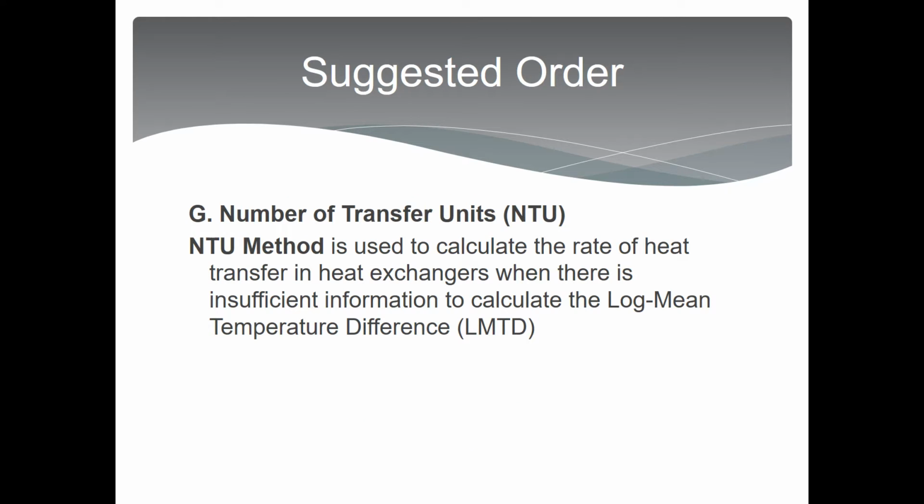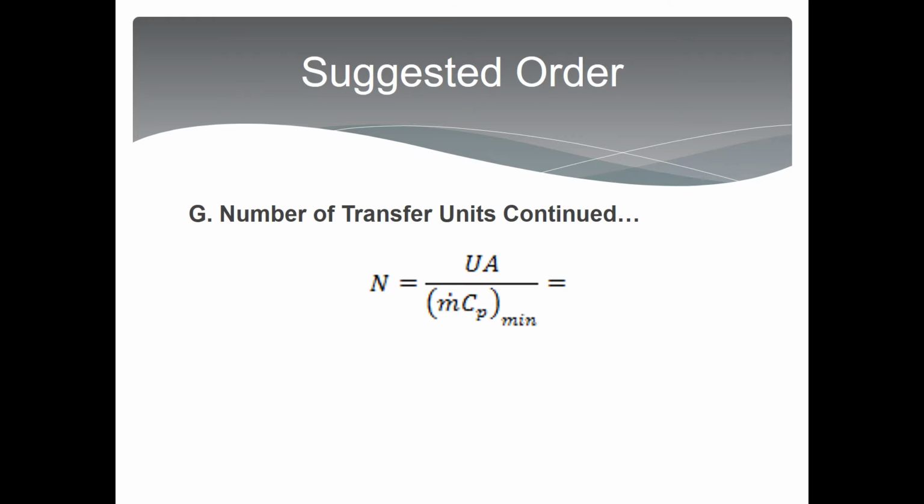The NTU method is used to calculate the rate of heat transfer in heat exchangers when there is not enough information to calculate the log mean temperature difference. Here, N equals the UA product from part E divided by the smaller individual capacitance.